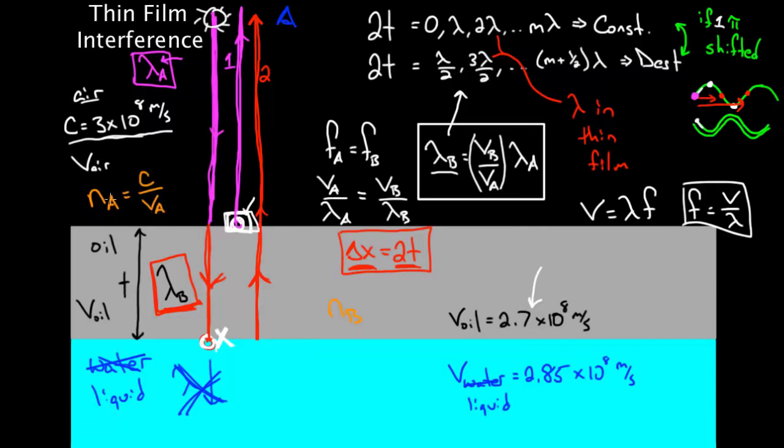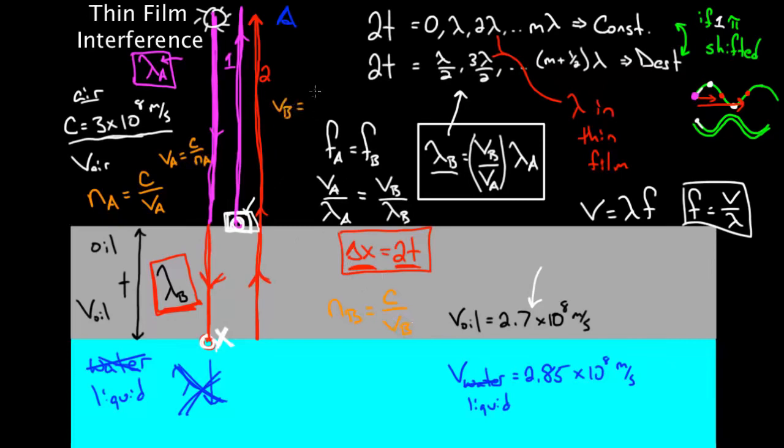So NA, the index of refraction of region A, is just 3 times 10 to the 8th divided by the speed in A, and NB would be 3 times 10 to the 8th over the speed in B. So how would this change? Well, I could just solve this for VA. I'd get VA equals C over NA. And VB, what would VB equal?